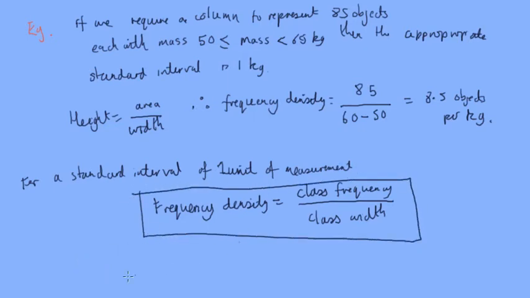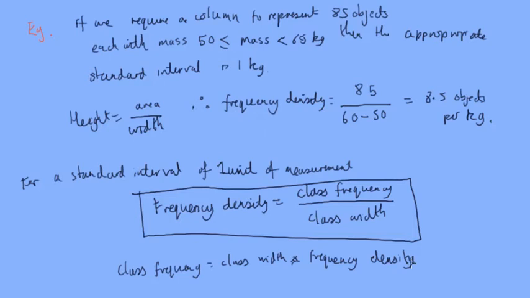And you can rearrange that to be class frequency is equal to class width times frequency density, obviously. That's stating the obvious, just rearranging the formula.